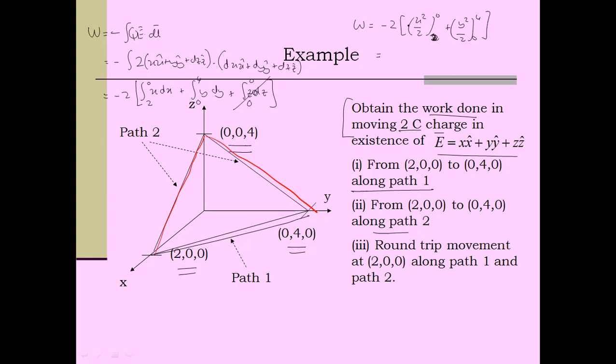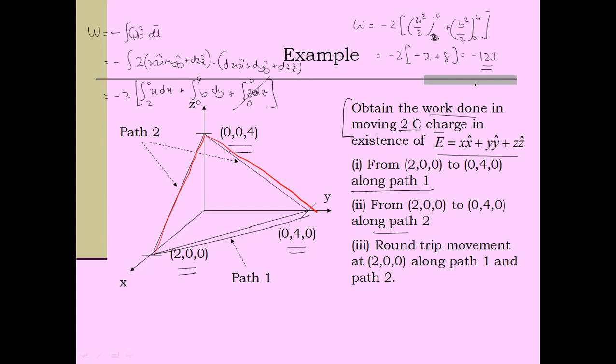So if we proceed with this substitution of the values, we are supposed to get -2 times (-2 plus 8), and the result for this will be equals to -12 joule.